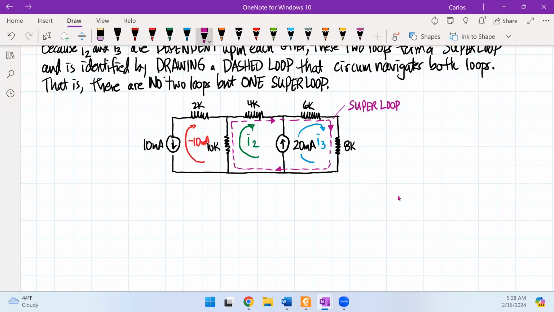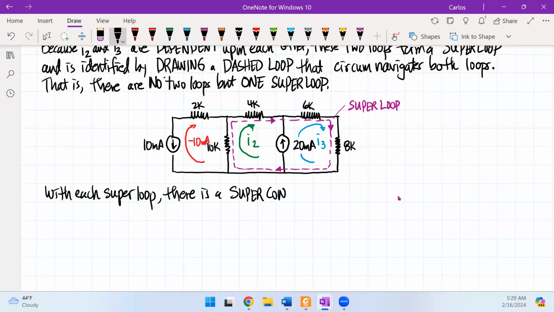So now, with each super loop, there is a super condition, which we've been writing as SC.